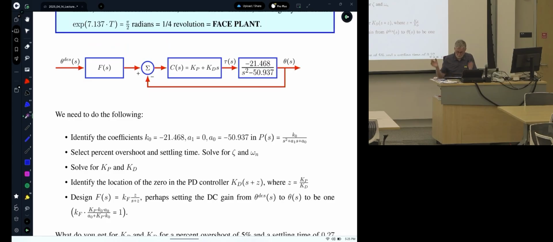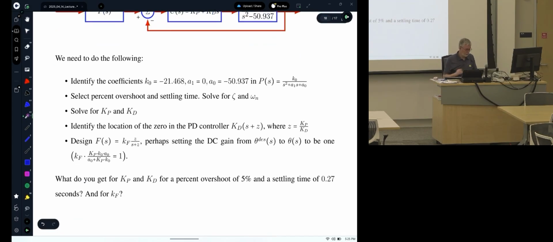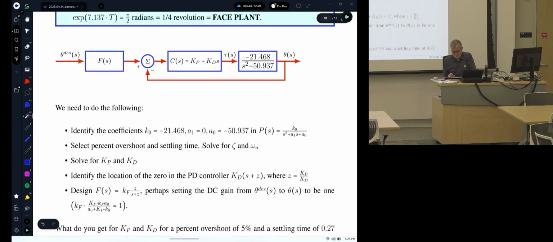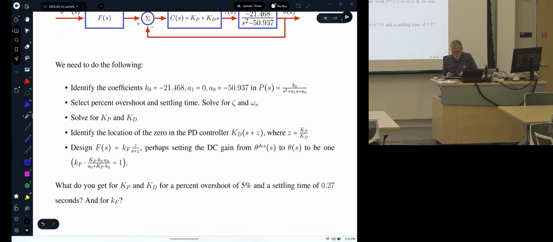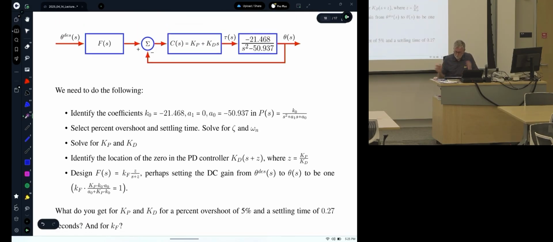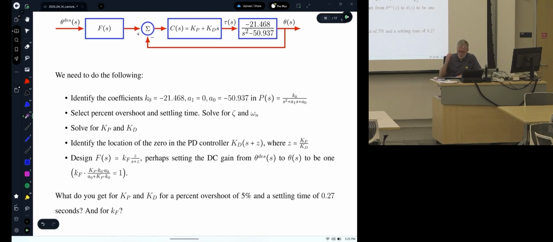So we're going to take a break and then take some extra time to go through the motion of computing KP and KD for this transfer function so that the closed loop system has a 5% overshoot, so choose your damping ratio, and the settling time is 270 milliseconds.